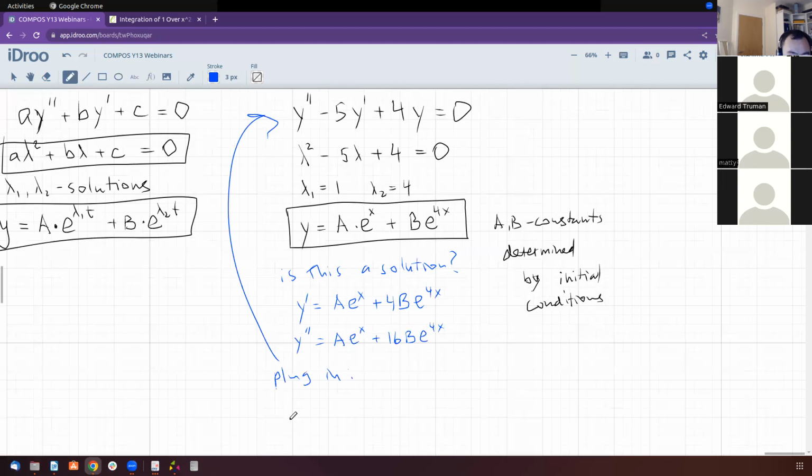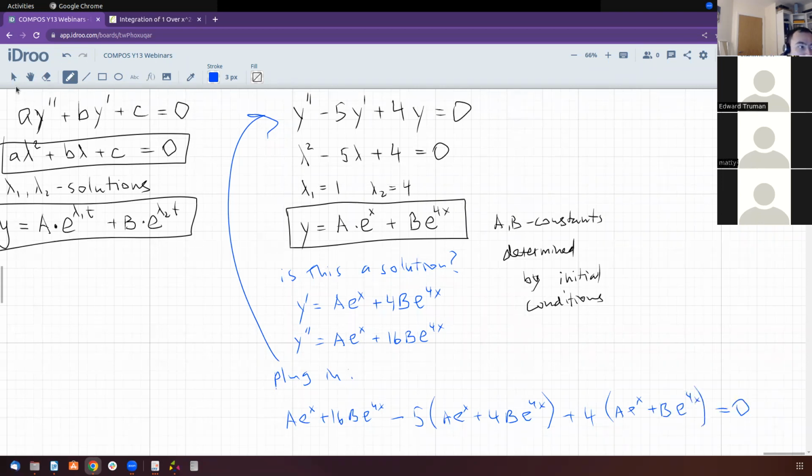So we have a e to the x plus 16b e to the 4x minus 5 multiplied by a e to the x plus 4b e to the 4x plus 4 multiplied by a e to the x plus b e to the 4x equals 0.